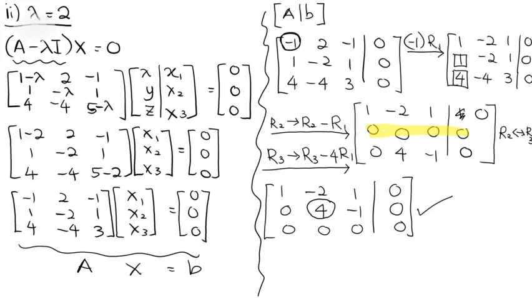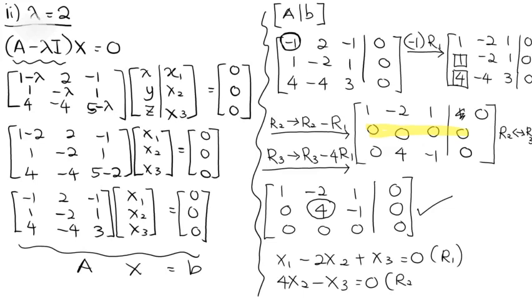Okay, so you will get x1 minus 2 x2 plus x3 equals to 0. This one is for row 1. Okay, for row 2, 4 x2 minus x3 equals to 0. Row 2.